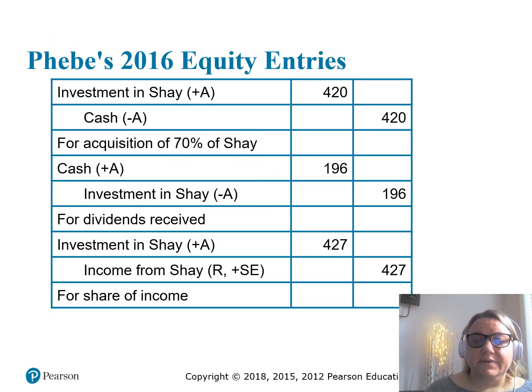Last but not least, we do our journal entries based on our entry schedule, and we'll go ahead and make our equity entries for the acquisition, for the cash and the dividends, and the investment and income will basically be washed out here.